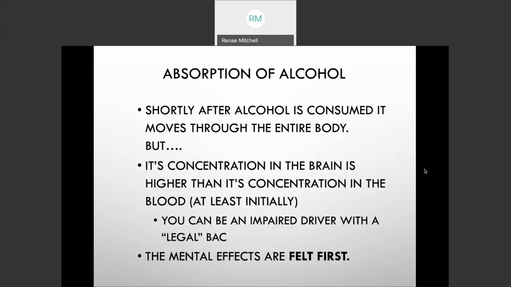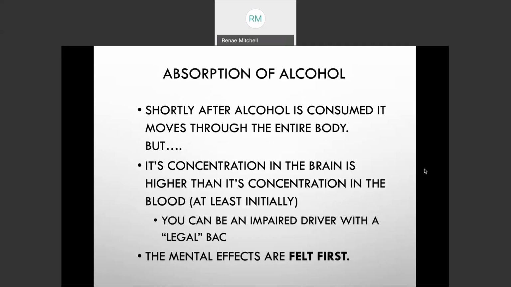Alcohol moves through the body pretty quickly after it's consumed, and it moves kind of all over the body once it's in the bloodstream. But at least at first, the concentration of alcohol in the brain is higher than the concentration in the blood.